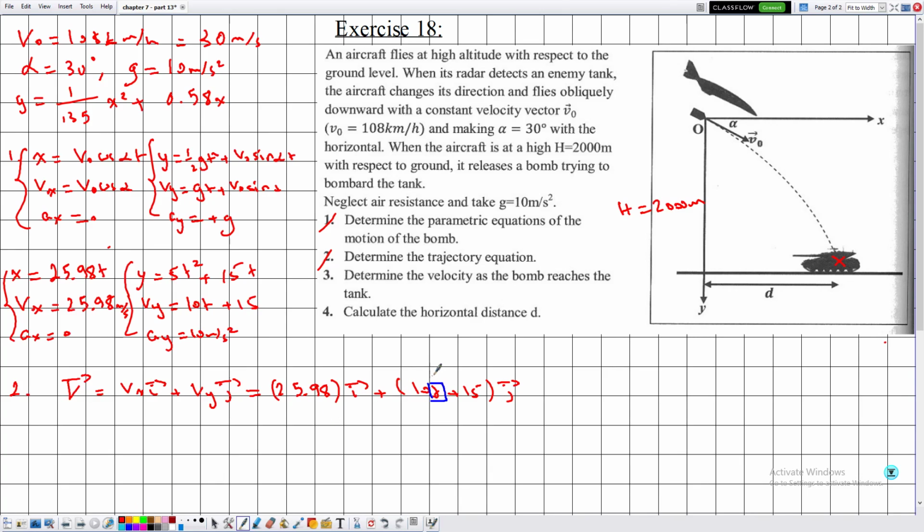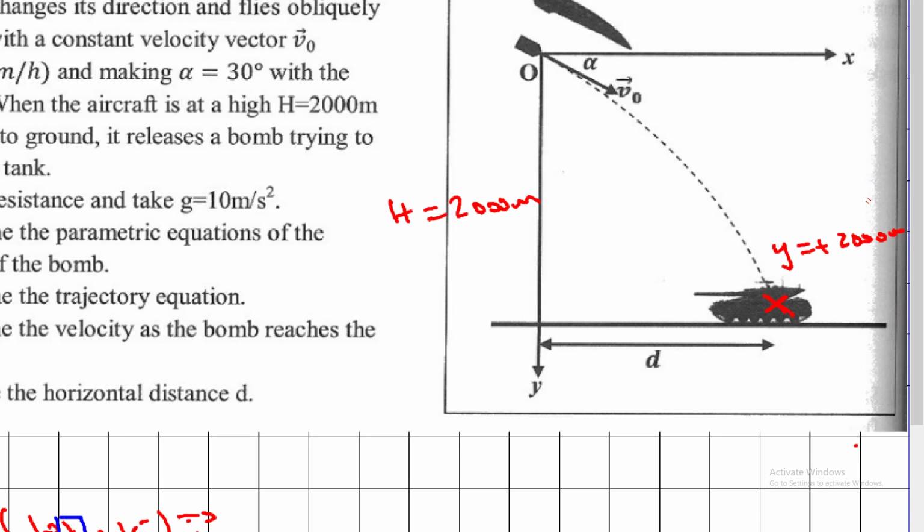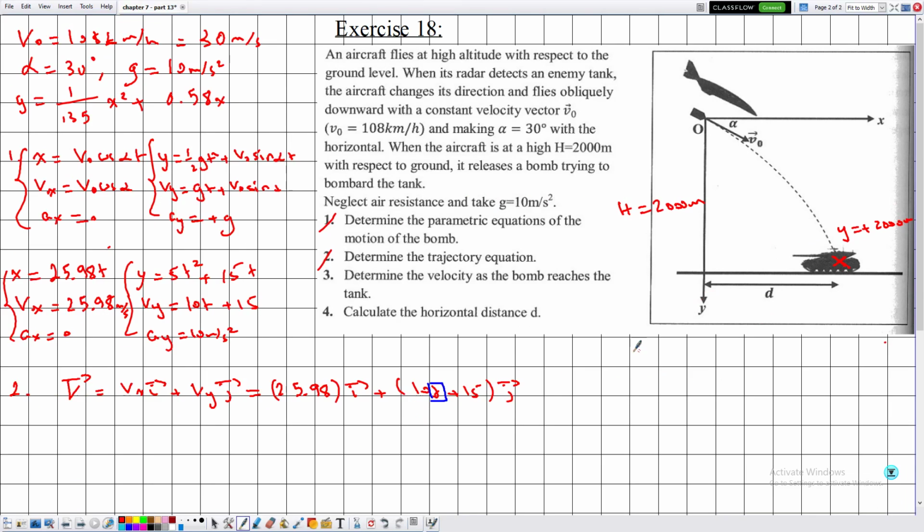And what links this to the other is, okay, we need to know either x or y if we are interested in determining t. So linked to this event, we know that y is equal to plus 2000 meters. Y plus, because this point is given by the coordinates d, which is positive, and h, because we are measuring with the positive direction with respect to the y-axis.